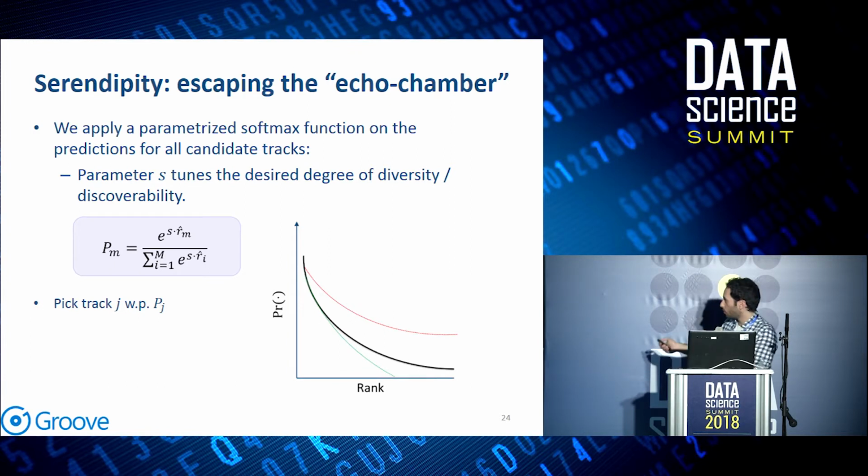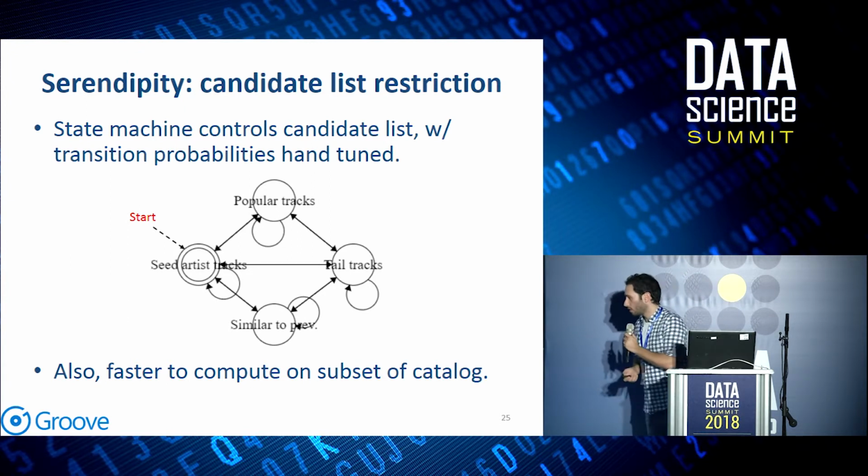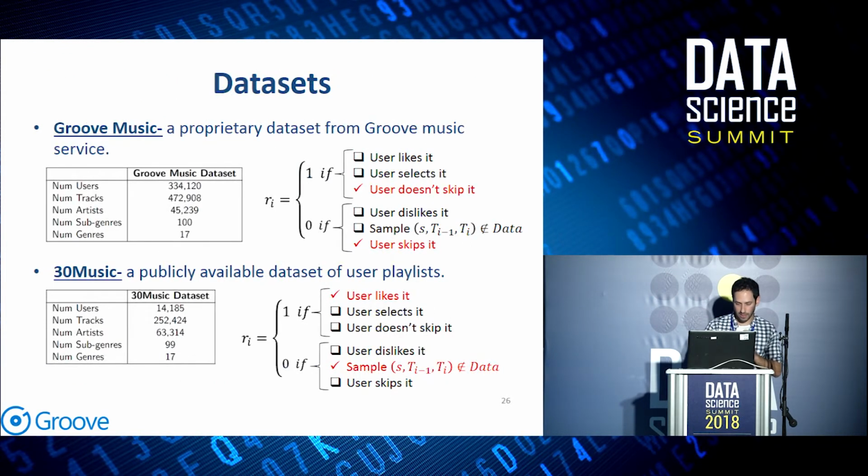This would help us escape what's called the echo chamber, where a user could hear the same songs played back to him over and over and would eventually find it boring. Another step that we added is a state machine that controls the list of candidates that we're looking at. Now let me get quickly to the results section.